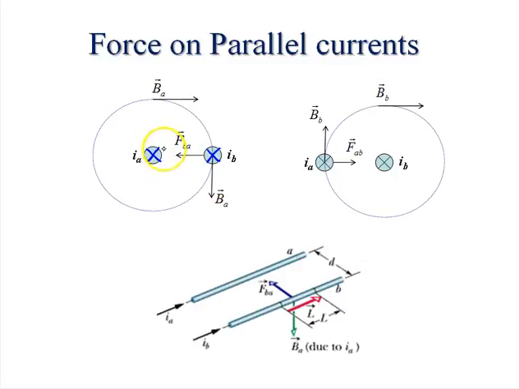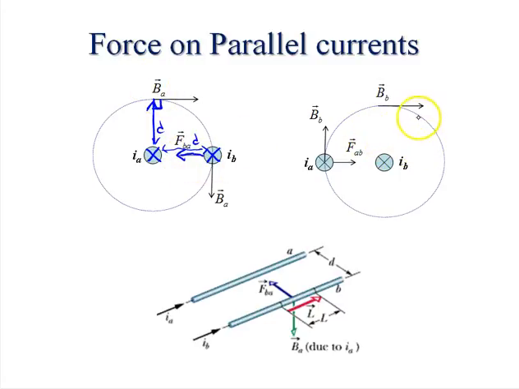This radial distance here between the two wires is D, and so is this distance here, D. And that radial distance, if this is the radius of our field, is perpendicular to the magnetic field at any point on the magnetic field line. So we see that at the position of wire B, our magnetic field is pointing downward, and then we get our force to be pointing towards wire A.